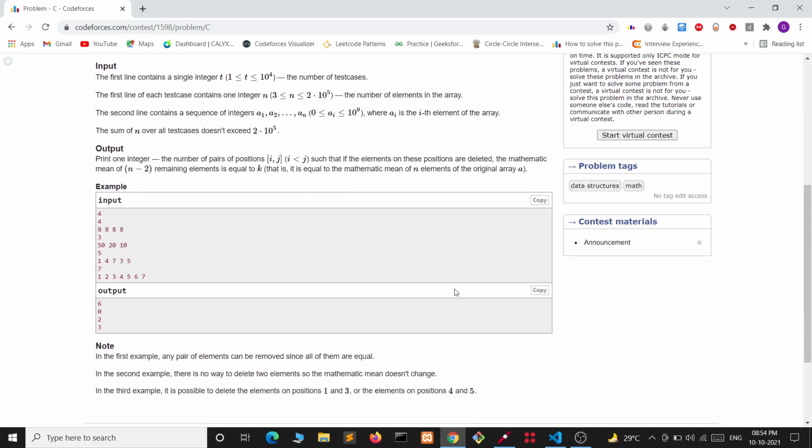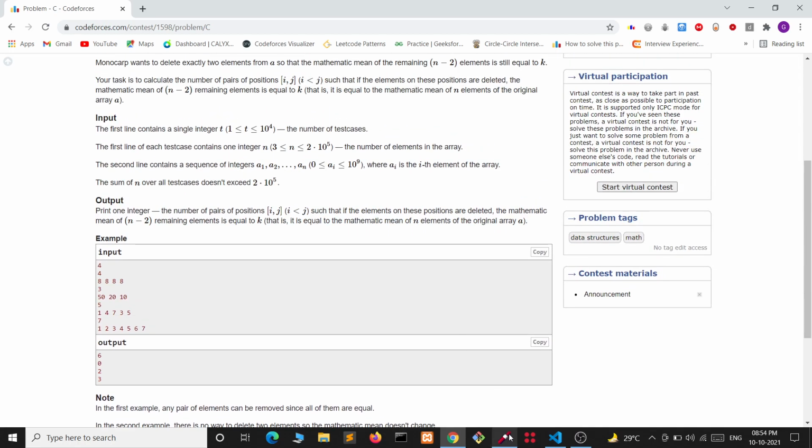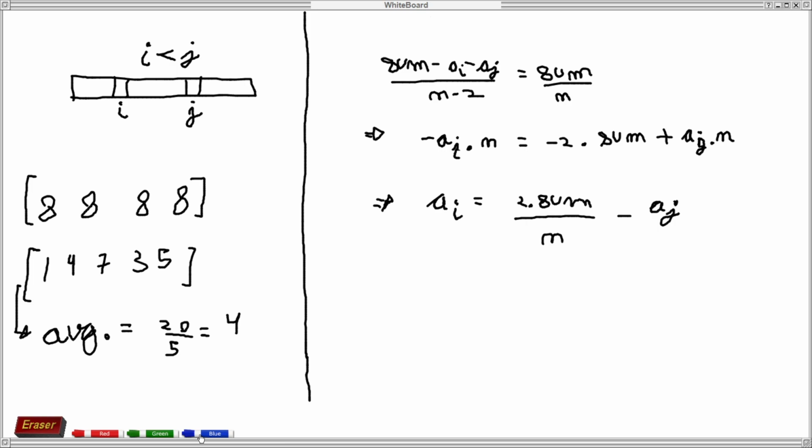Now let's see it with an example. Let's see example 1. The average of this array is 8 because all of the elements are 8 only. Now we can remove the elements at index 0 and 1, forming a pair.